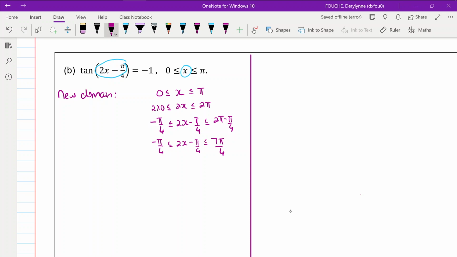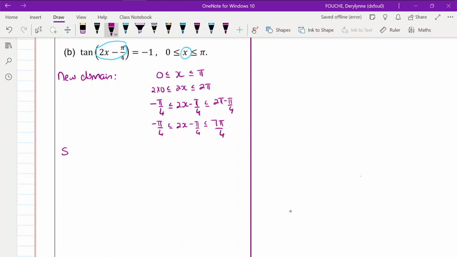Okay? And my next step is going to be to solve for 2x minus pi on 4, and I work it back to x. Alright?